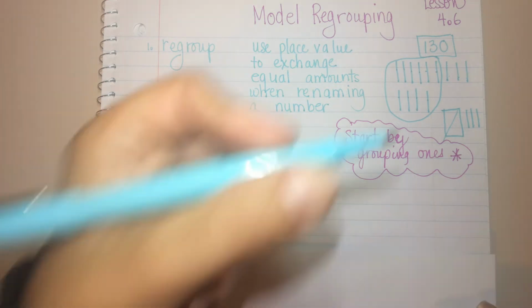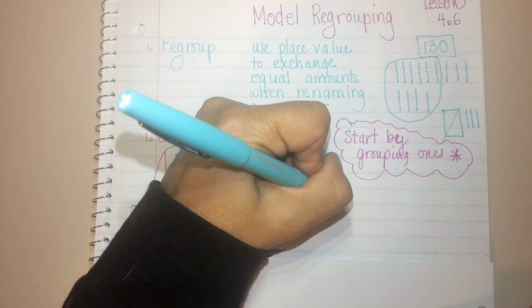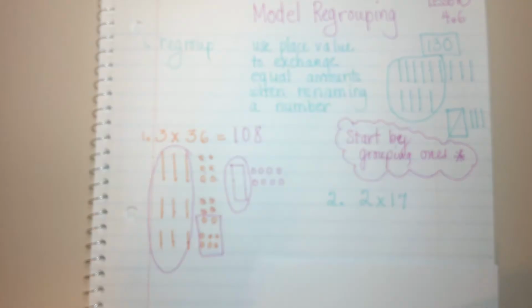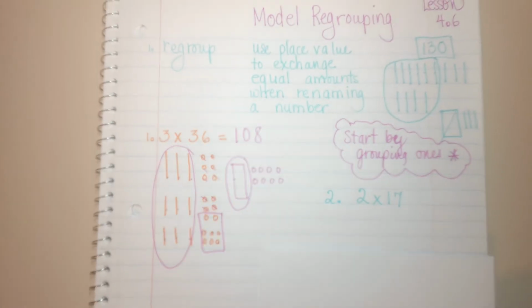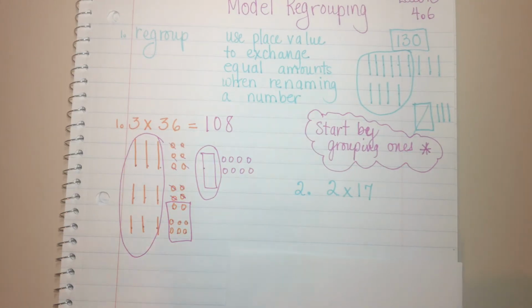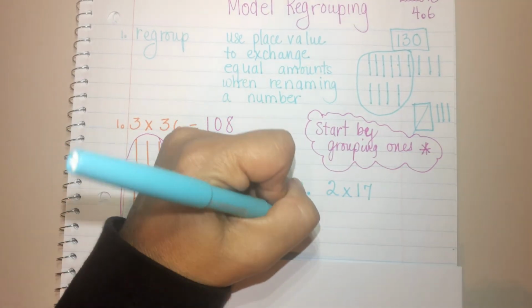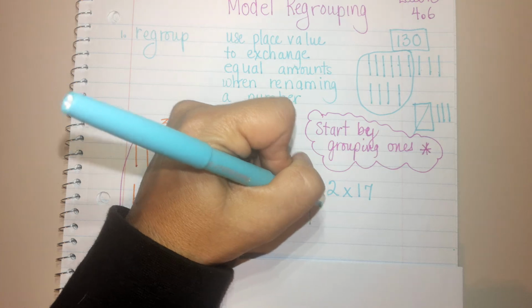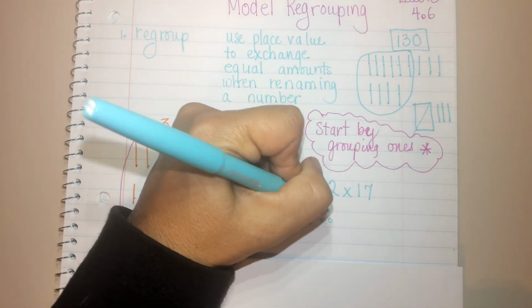Okay, we're going to try another number. We'll go with 2 times 17. So we have 10, and then we have 7 ones.